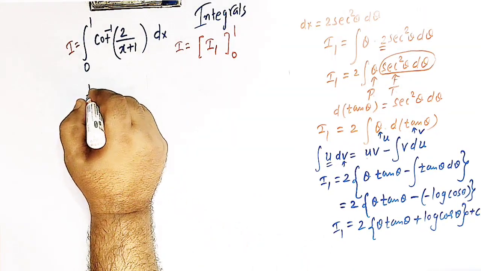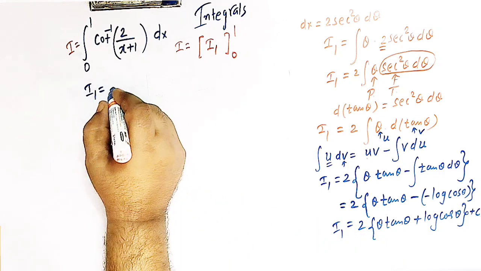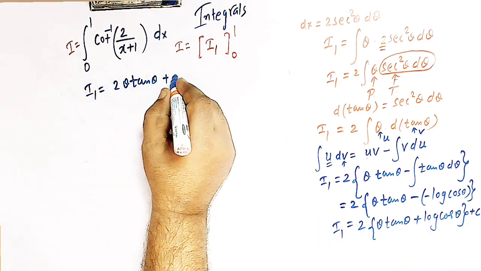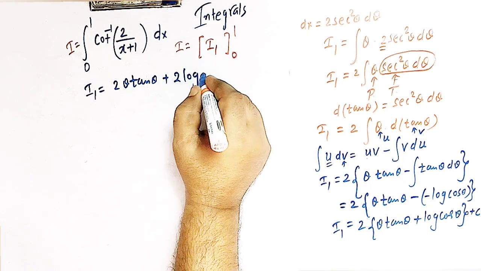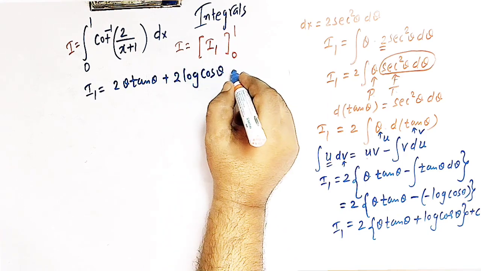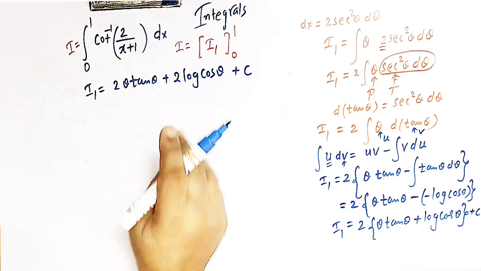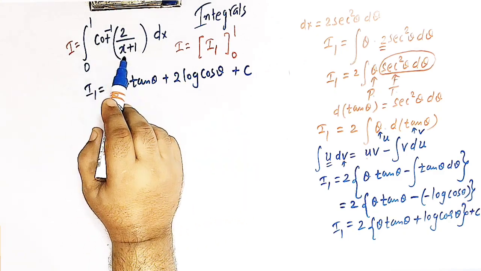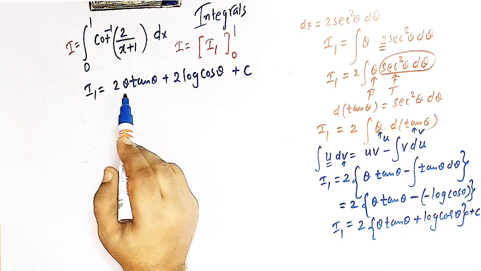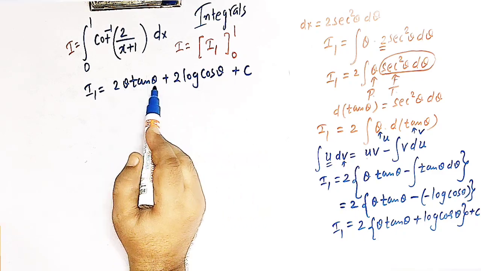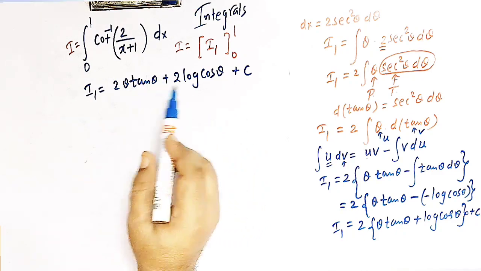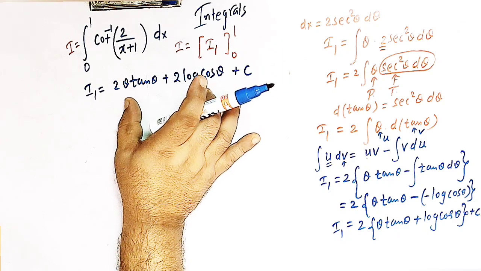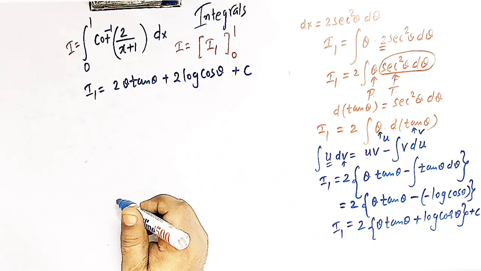So now I1 is given by 2 times theta tan theta plus 2 log of cos theta plus c. Now the indefinite integral of cot inverse 2 over x plus 1 is given in terms of theta.